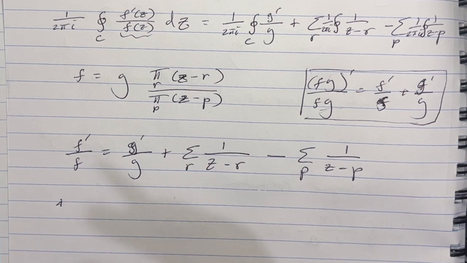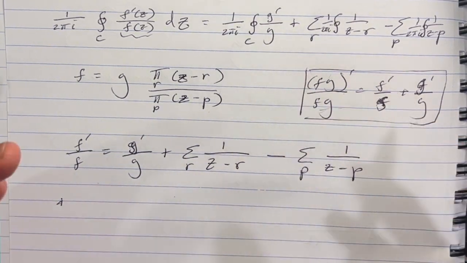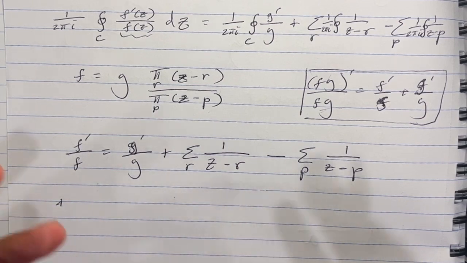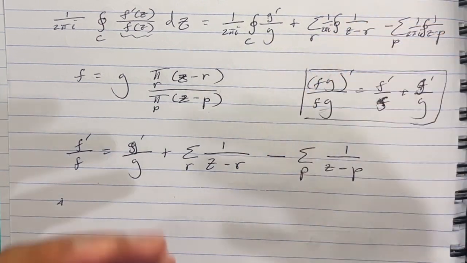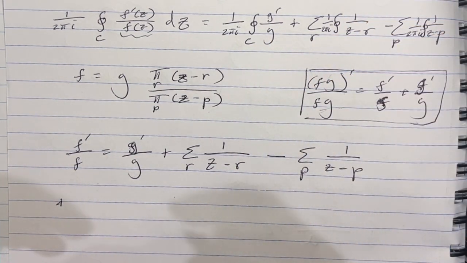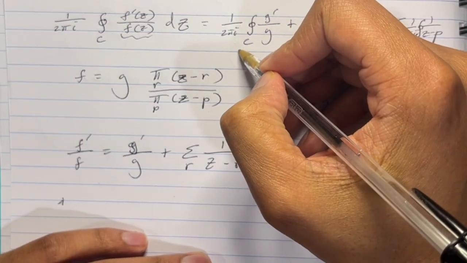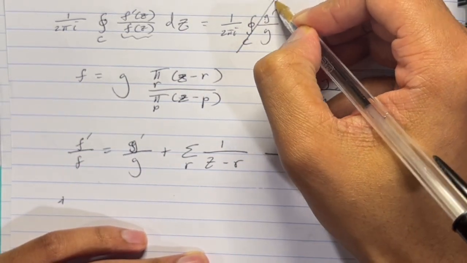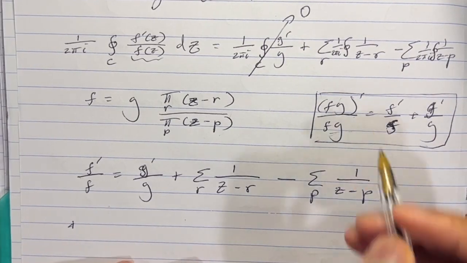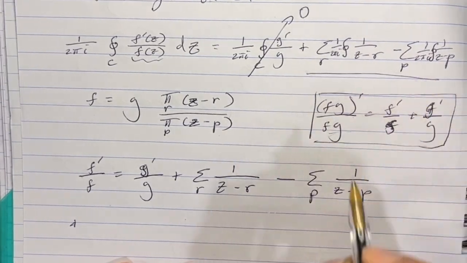And the ratio of two analytic functions is analytic as long as the denominator is non-zero. And g is non-zero on the curve C because f is non-zero on C. And so by the Cauchy-Goursat theorem, we're integrating an analytic function over a simply closed contour, and by Cauchy-Goursat, this is 0. Okay, now we want to just write this part out again.